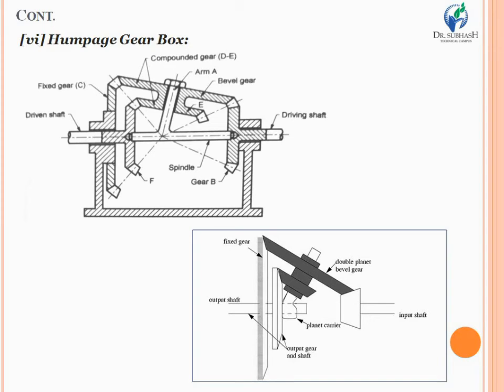If you are looking at the constructional detail of the Humpage gearbox, the bevel gears are used to make a more compact epicyclic system, and they permit a very high speed reduction with few gears.